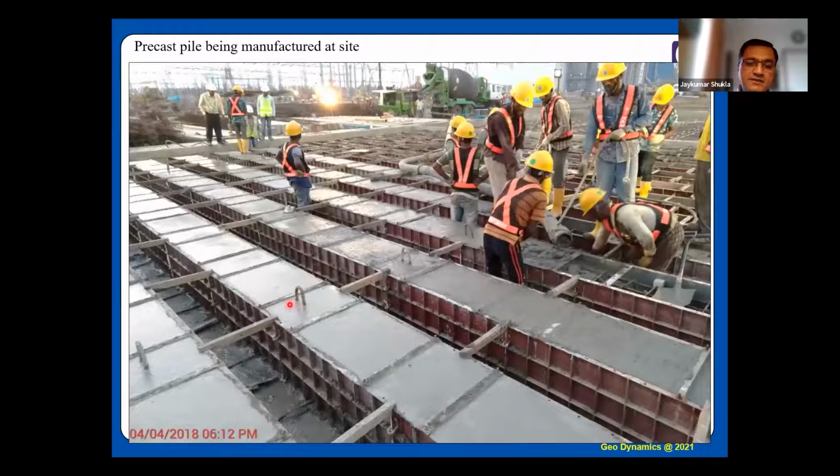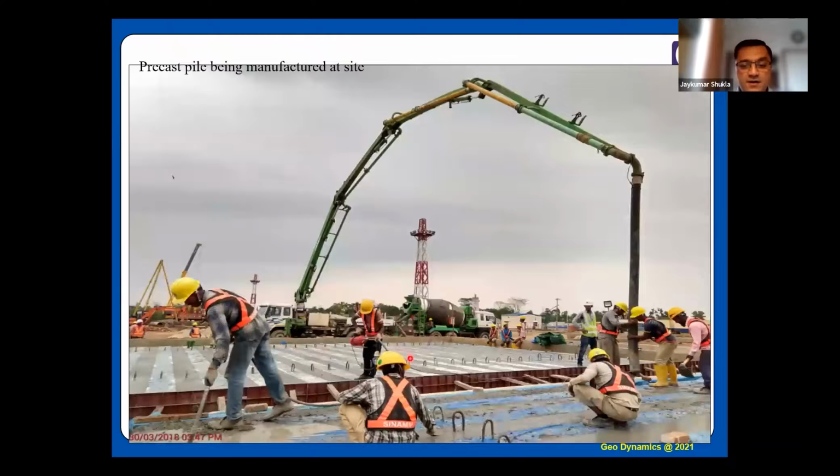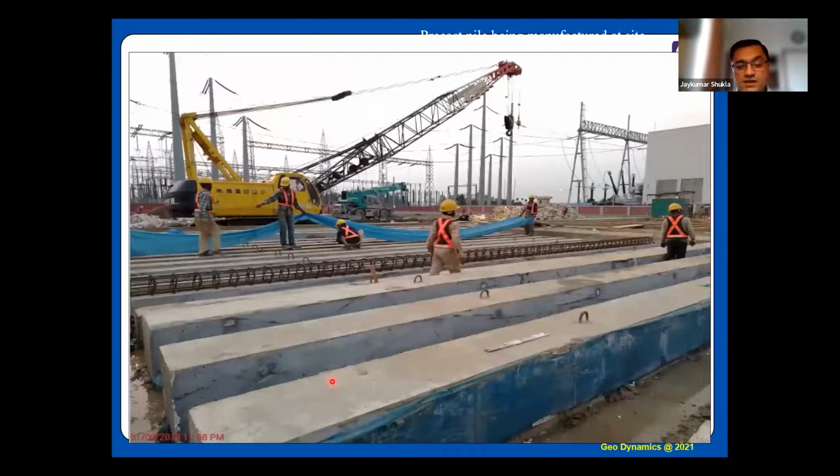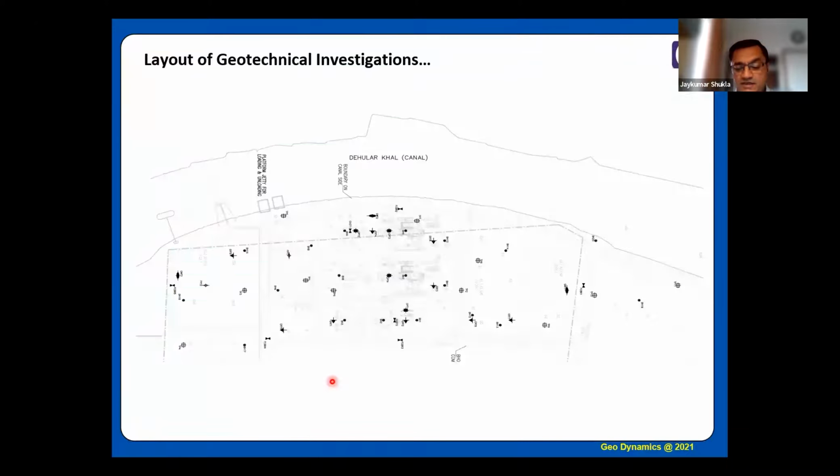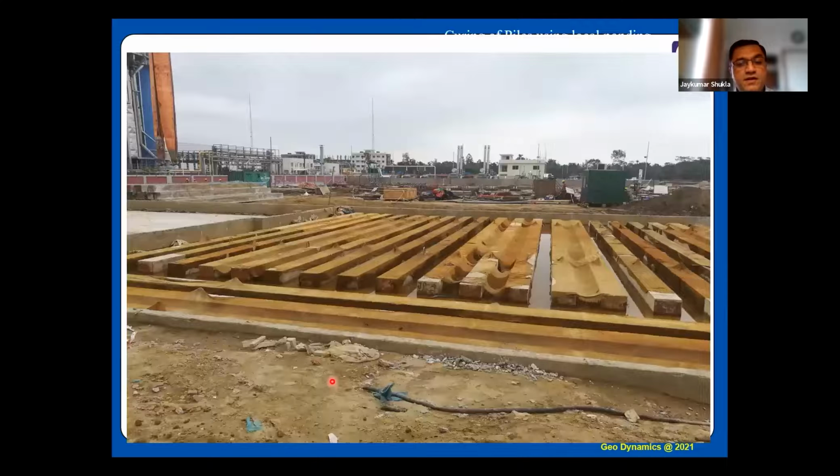These are the lifting hooks, and the casting yard for these piles. This is the first pile, and then a second pile is cast beside it to save on shuttering. And all of this would be cured in the casting yard like this, and then shifted to the main piling yard over here.